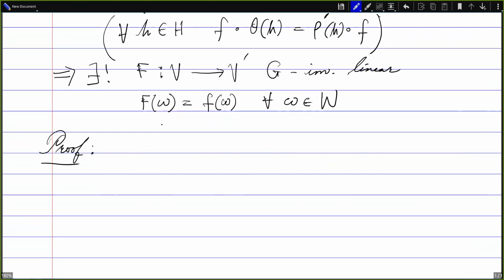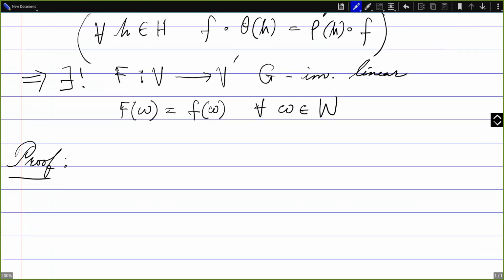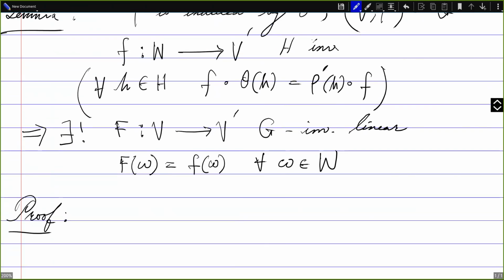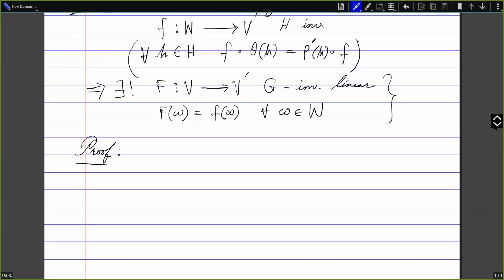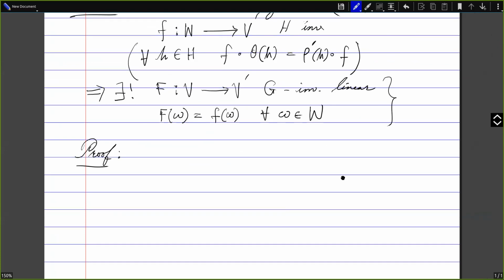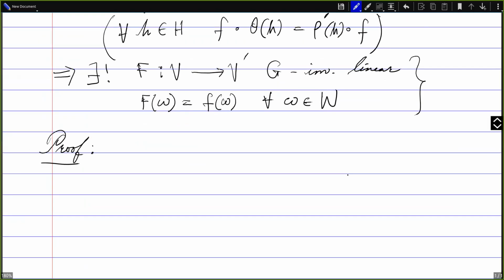That is, first we will show that if at all there is an F such that this happens, then that F must be unique. Okay. So that we will see in the following way. Recall that since rho is induced by theta, this is what we have.